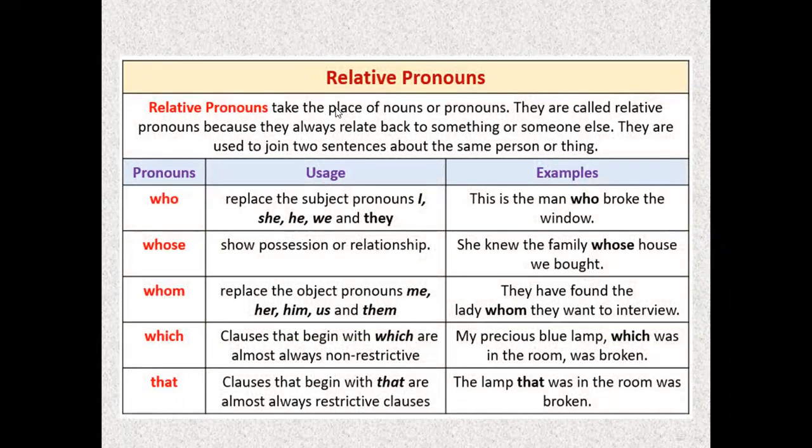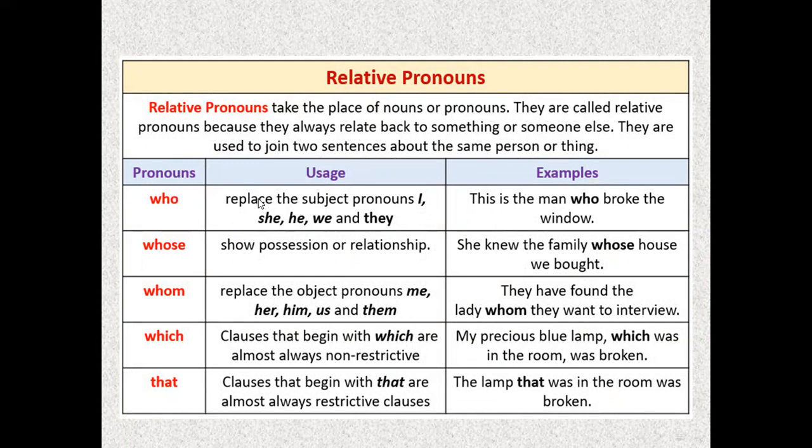Relative pronouns take the place of the nouns or pronouns. They are called relative pronouns because they always relate back to something or someone else. They are used to join two sentences about the same person or things.